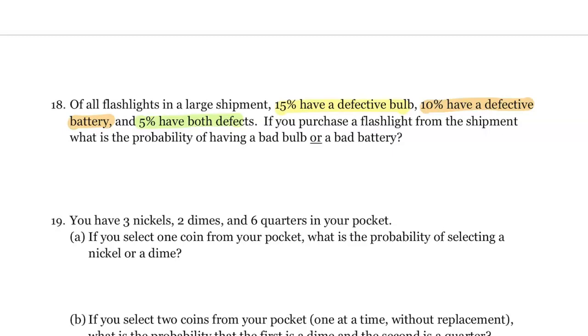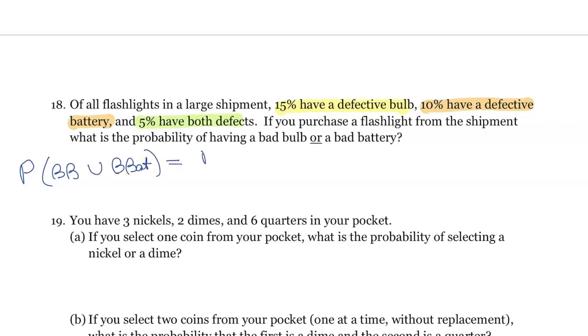So I want to know the probability of bad bulb or bad battery.